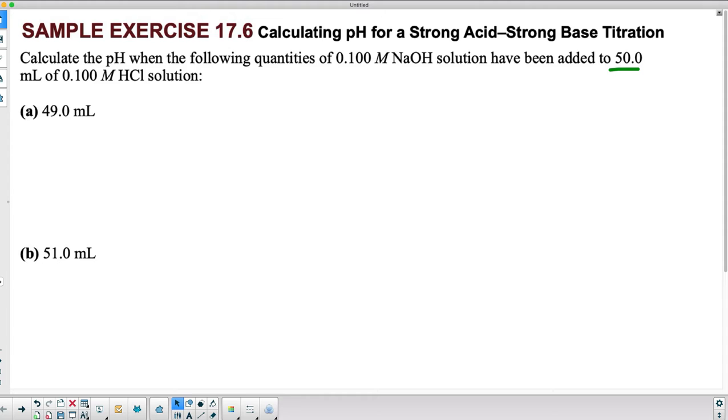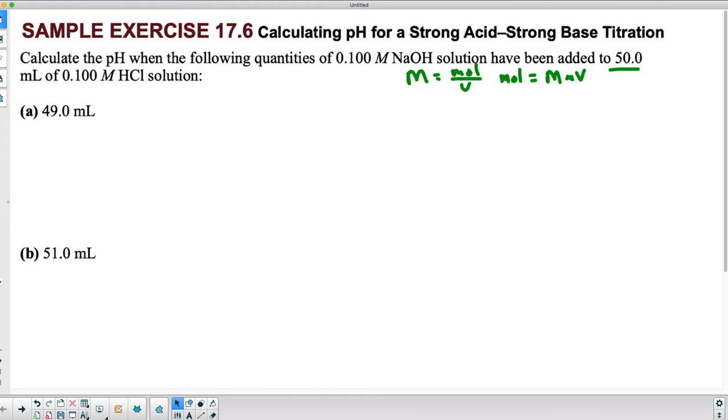So here's what this looks like. We know that molarity equals number of moles divided by volume. If I'm looking for moles, then number of moles equals concentration times volume.